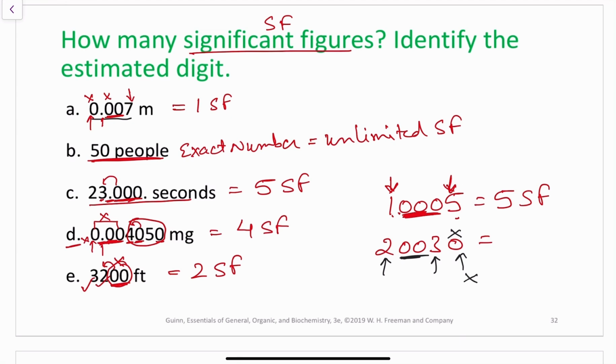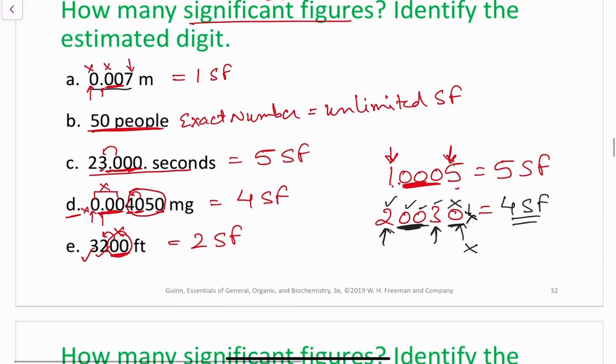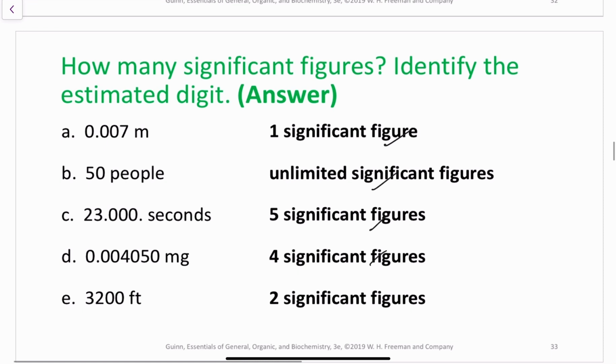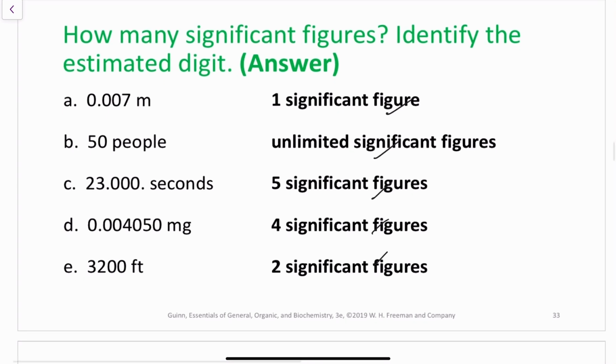So how many significant figures? 1, 2, 3, 4. You have 4 sig figs, because these two zeros are counted as significant because they are in between two non-zero numbers. But this zero doesn't have a non-zero number after it, and we don't have any decimal, so that's why we have 4 sig figs. This is the same answer that we just discussed on the previous slide.